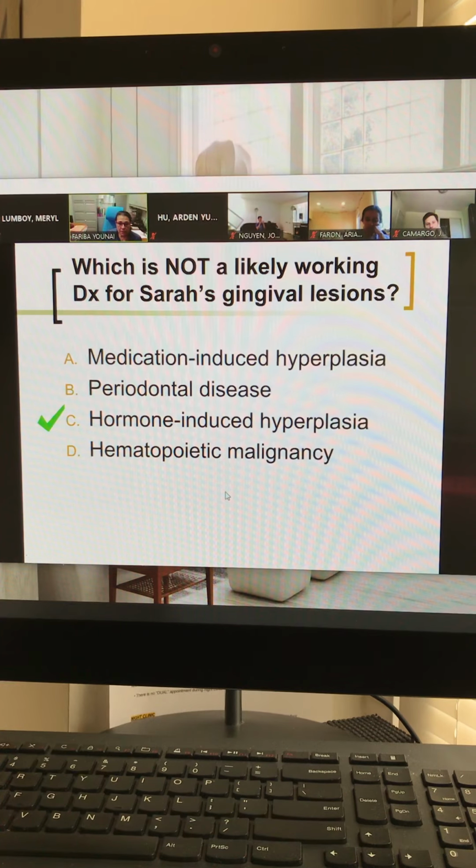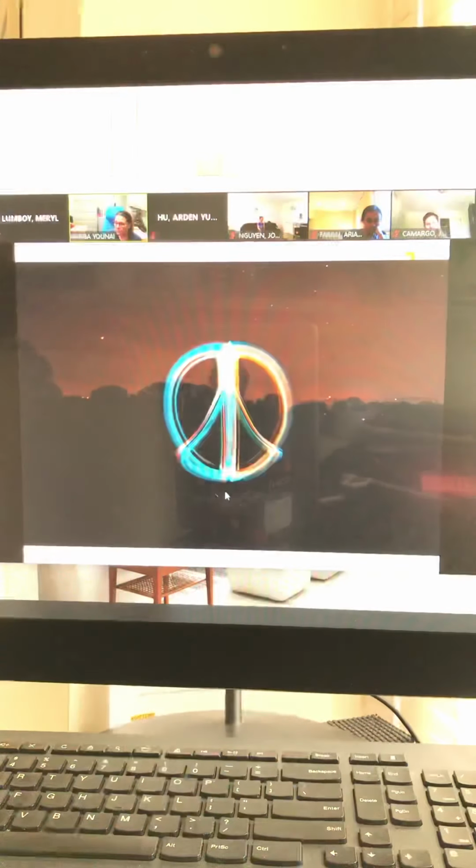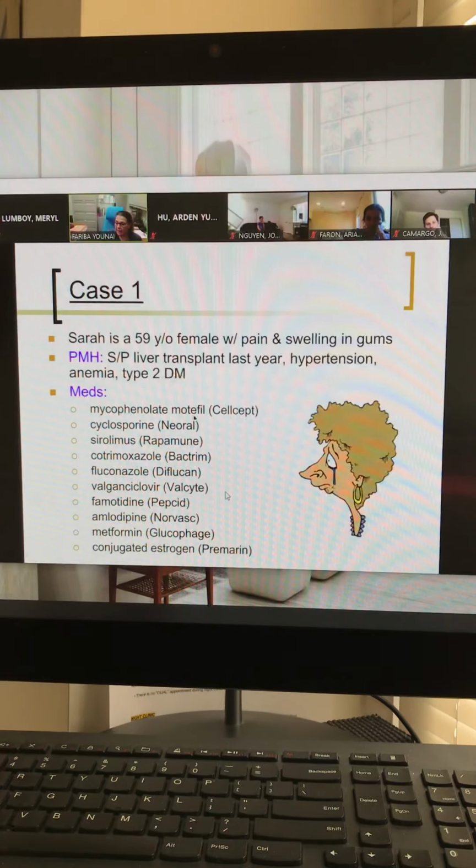Medication-induced: if you go back to the list of her medications, we definitely have cyclosporin that we know can cause gingival hyperplasia. Then you have amlodipine, or Norvasc, which is a calcium channel blocker. Both of these are notorious for causing gingival hyperplasia in people who use them long term.